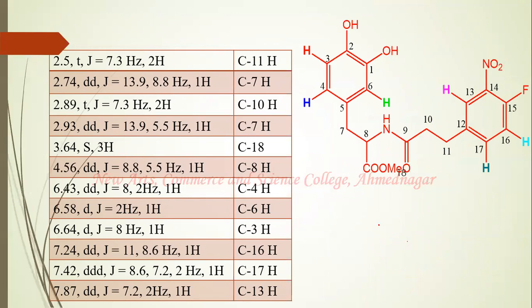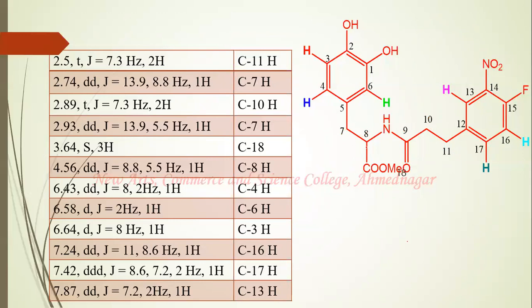So now let us see the second problem where we have to assign the signals here. Look at the structure. In the structure we have a few aromatic protons. There are some methylenes, 1, 2, 3, 7, 10 and 11 are methylenes, and carbon number 8 is a methine proton.